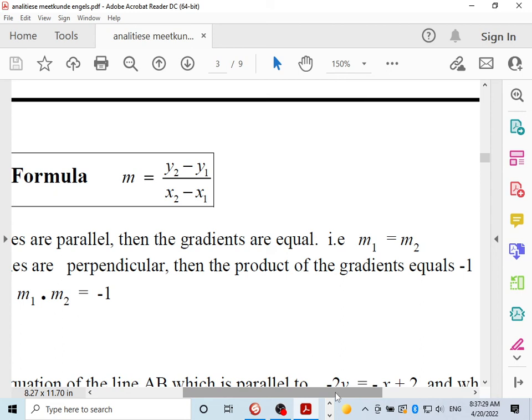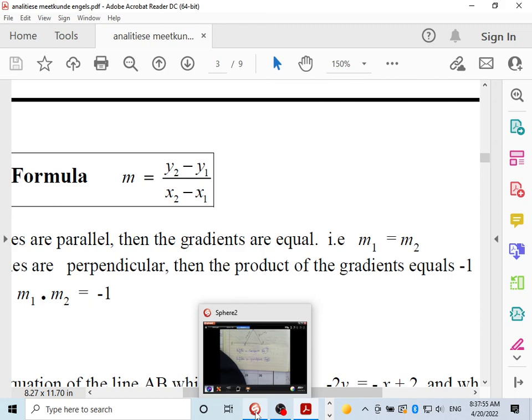Now, I just want to tell you a very easy and quick way to recognize it. If you've got one gradient and the other one is perpendicular to it, then it will be the reciprocal. Do you remember what a reciprocal is? Swapped around with a negative. Okay, are you all done writing? I just want to go to the right screen.